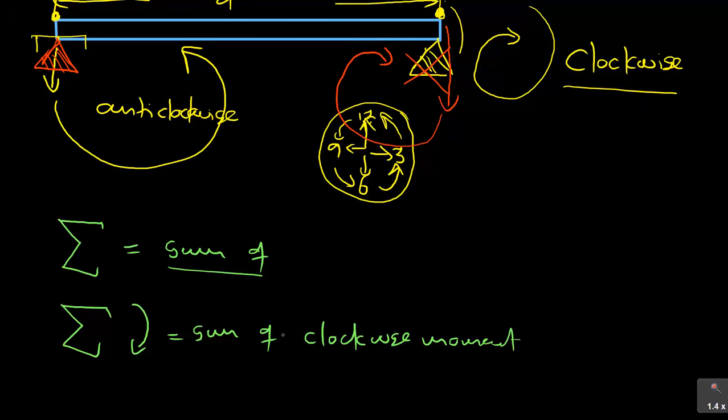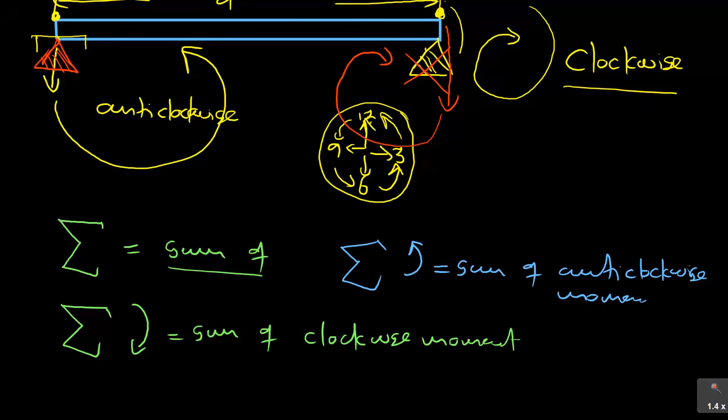Right? And then if I do the other one, whereby I'm saying like this, and then I'm doing that, I'm saying sum of anti-clockwise moments. So remember, such is very important so that whenever we're working, you'll be able to remember what is what. So this is what it means.